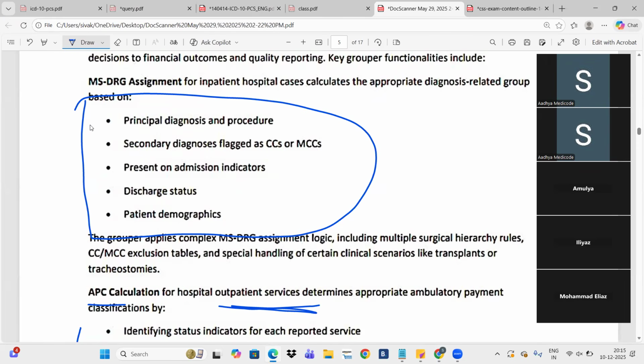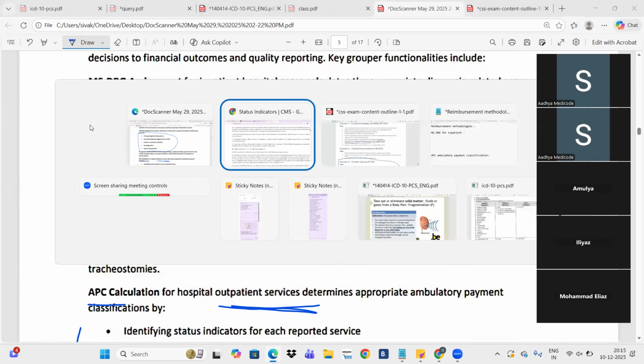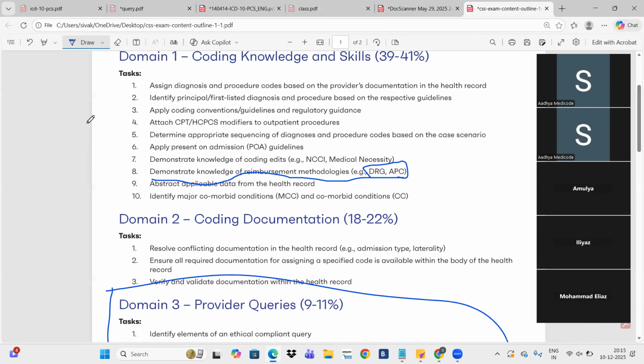Here you will get one or two questions based on the factors also. Now you have an idea: demonstrate reimbursement methodologies APC and DRG. Thank you.